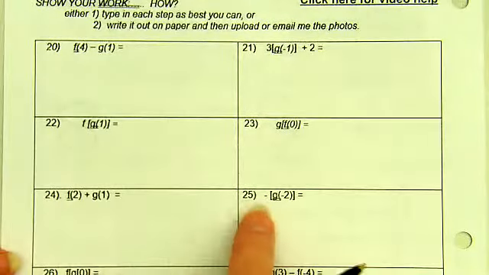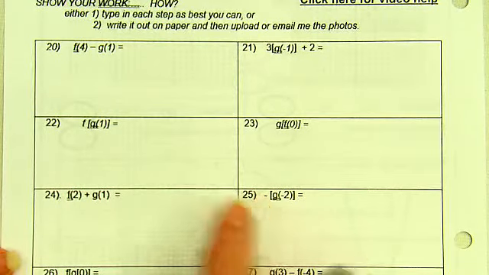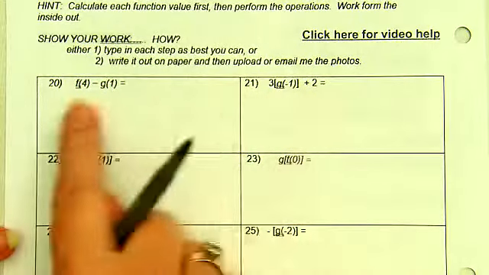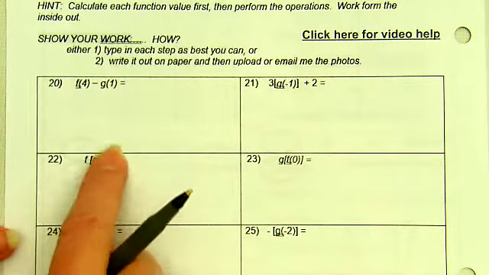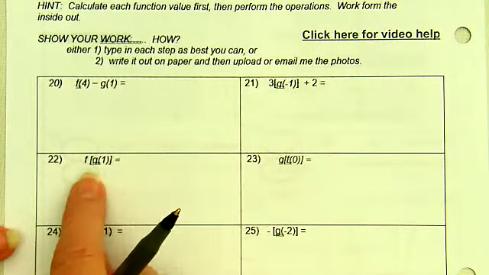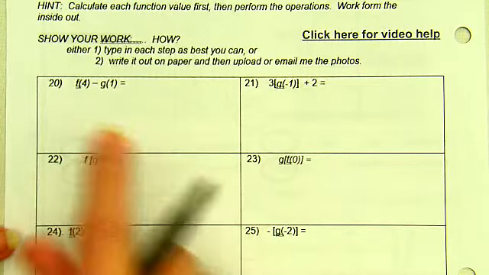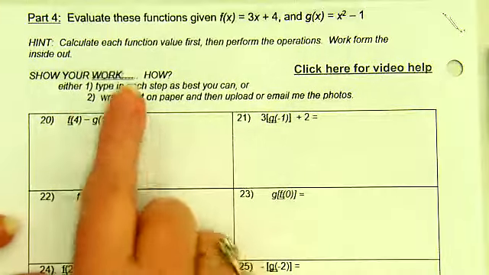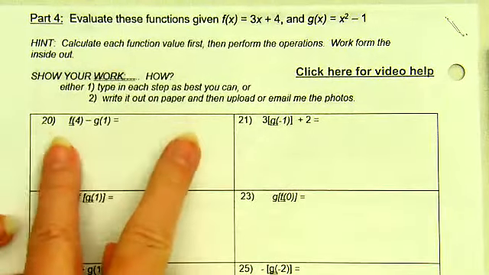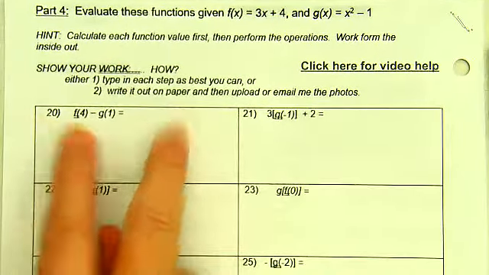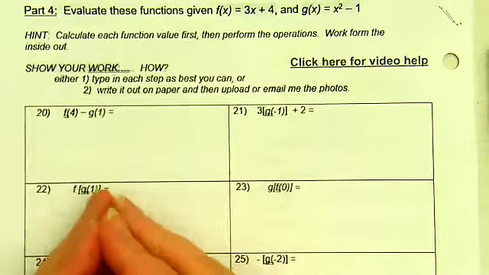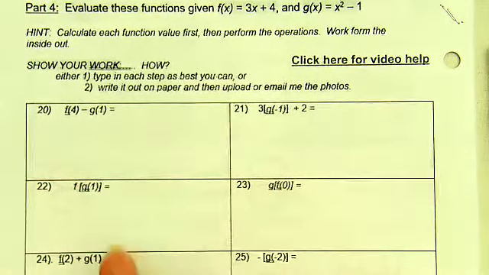So here's an addition one, and this one you're going to multiply in the end with a -1. There's these ones where we're operating, and then there are these other ones here that are called composite, where we take the input of one and put it into the other. We're either going to work them side by side, or we're going to work from the inside out.